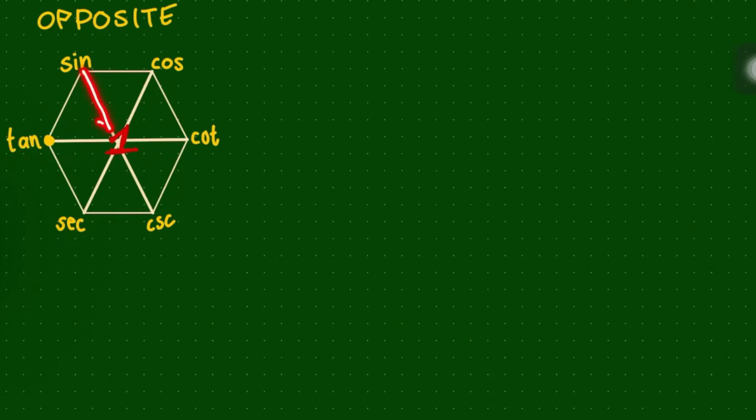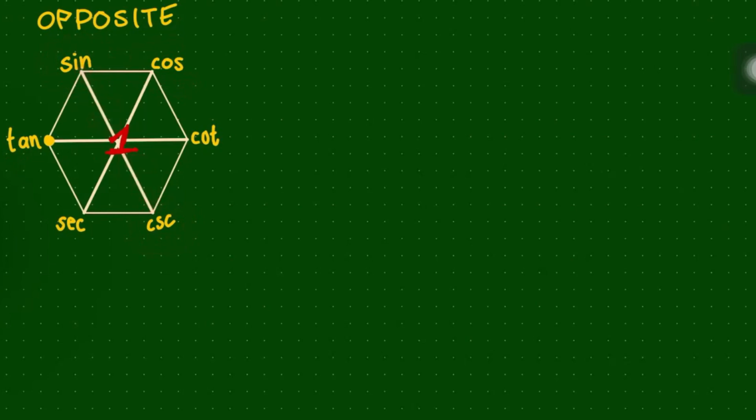And the direction is towards number 1. The direction goes to the one opposite. So if we choose sine, the opposite of sine is cosecant. So we draw an arrow towards 1 and another arrow towards 1.